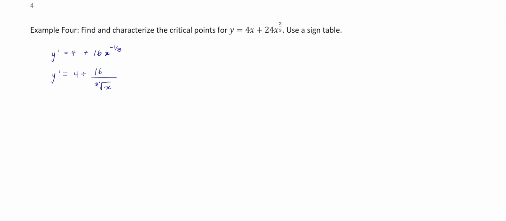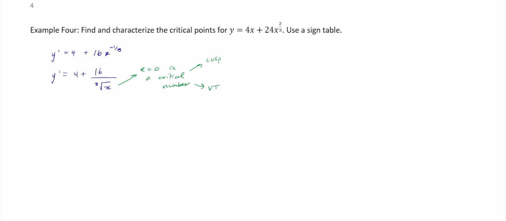If the cube root of x is in the denominator and any value of x could have been a critical number, this makes the denominator undefined, so x equal to 0 is a critical number. Because it's in the denominator, it would cause the first derivative to become undefined. So that means I either have a cusp or a vertical tangent.